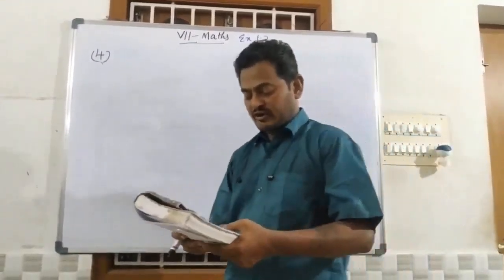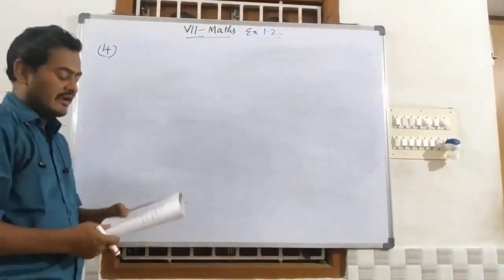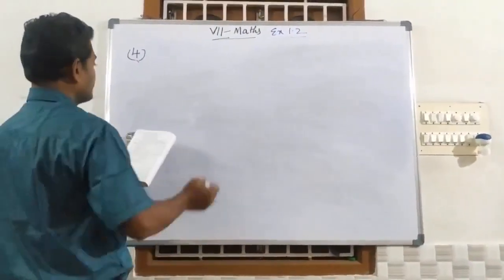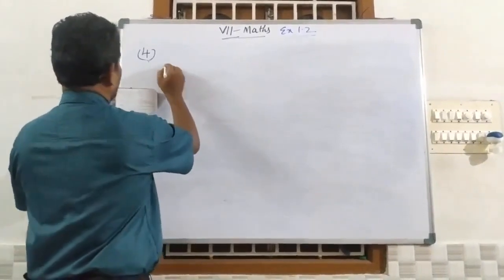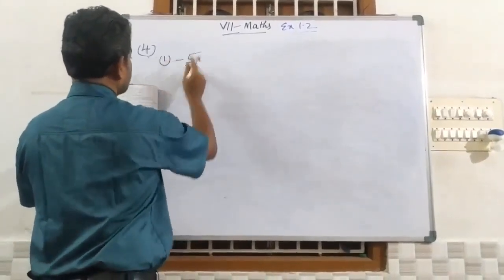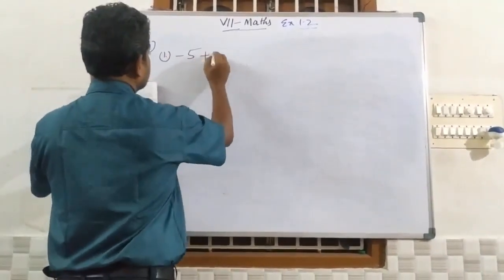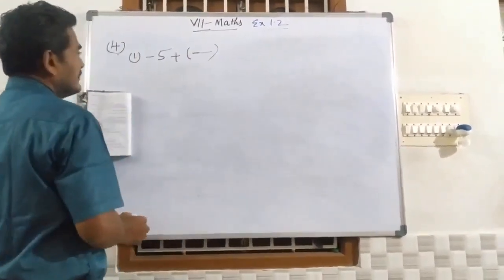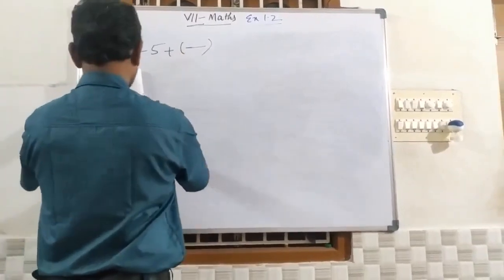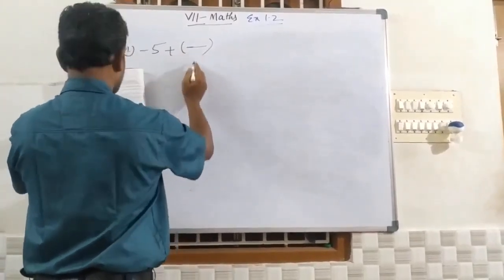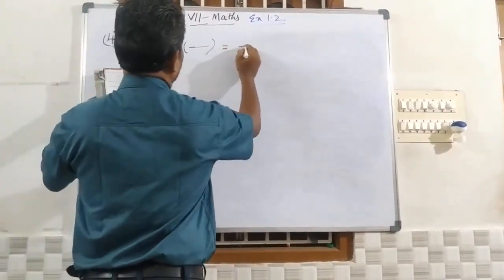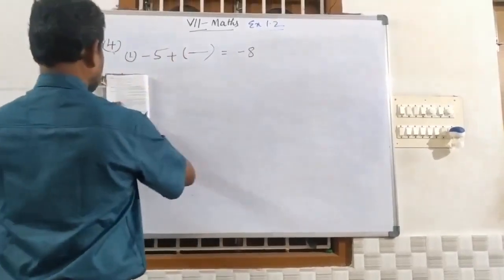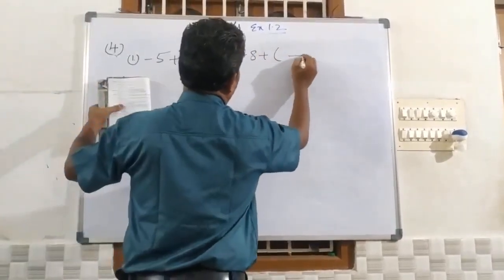We want to fill the blank with the proper correct answer. The first question is minus 5 plus a blank equals minus 8 plus a blank.